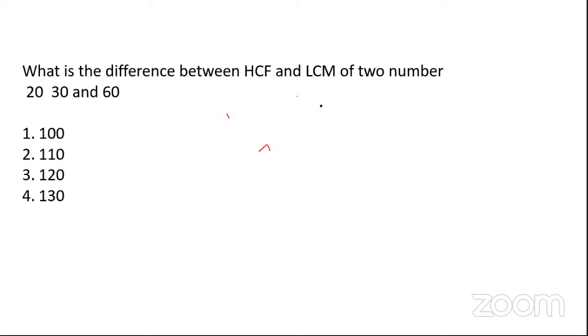Jayshri, 120, and Rohit, how are you getting 110? Akshay, 120, option 3. How are you getting 120? According to this question, the LCM is 60, correct, and the HCF is 20.